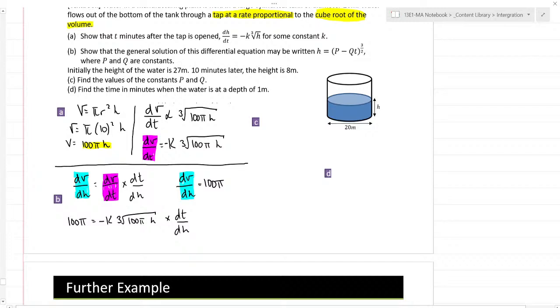Because it's times dt by dh, I can bring the dh up, I can bring the dt down, and I can bring the left-hand side down to be over 100 pi. So dh by dt is equal to minus k cube root of 100 pi h all over 100 pi. Everybody all right with where that's come from?